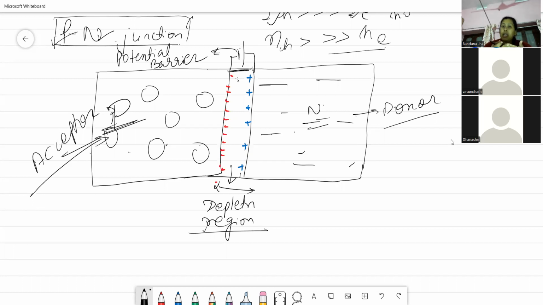Similarly, in the PN junction, the current starts flowing from P to N. It means electron drifting is there and it will hold until both the parties, P-type and N-type, become electrically neutral.